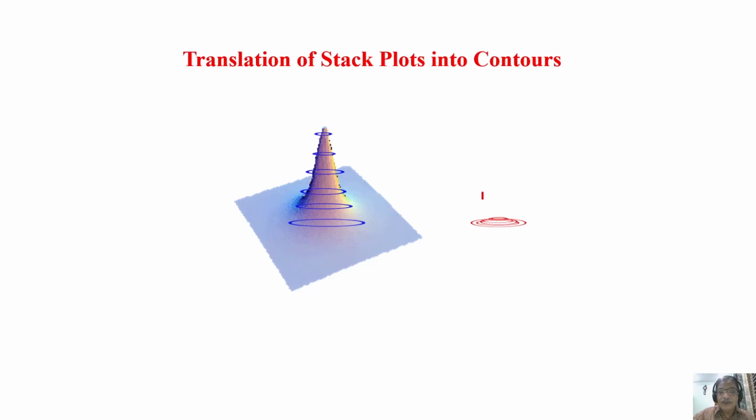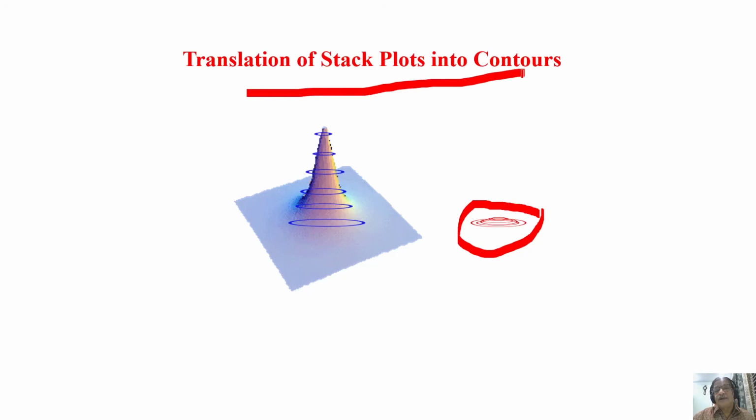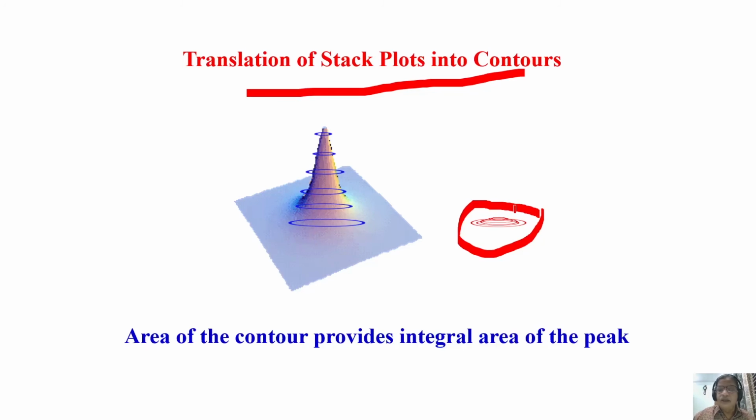Now this representation is much easier, is it not? Compared to this, this is very clumsy. One peak is fine. If you have 100 peaks or 1000 peaks, you cannot have it like this. It is very clumsy to see. That's why these stack plots are nowadays represented as contours. This is the way you undergo the translation. About the area of the contour, we have done one thing.